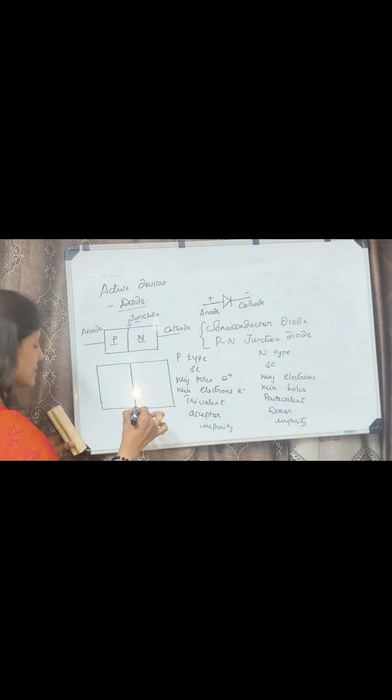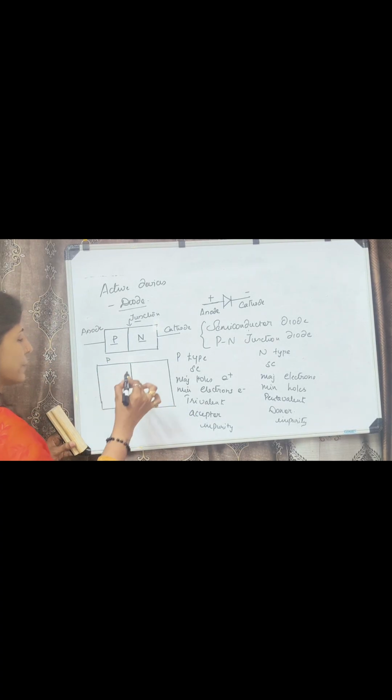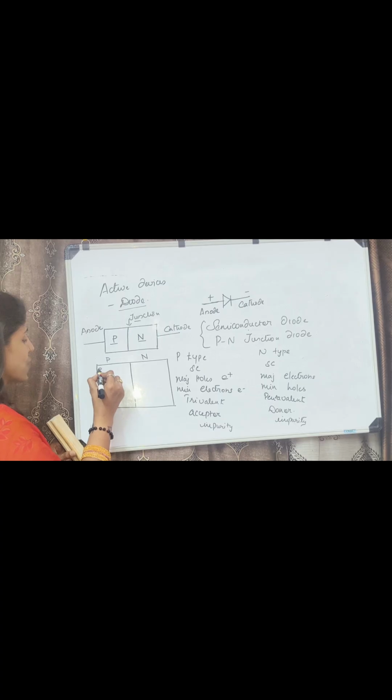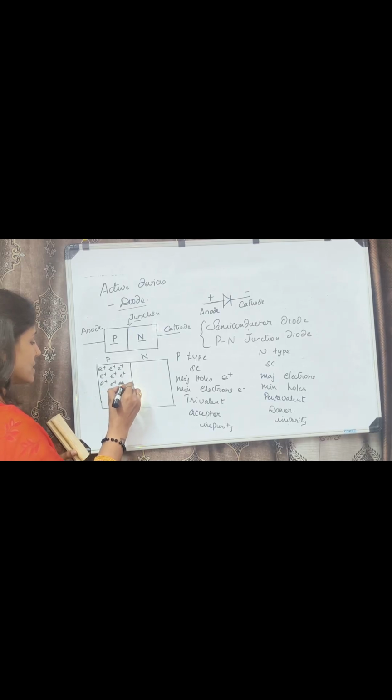This is my junction, this is my p-type semiconductor and this is my n-type semiconductor. Here electrons are the majority charge carriers. See here, holes are the minority charge carriers.